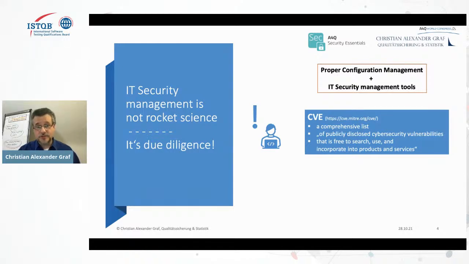So security management and doing these things is not rocket science. It's, sorry for the term, it's just fucking due diligence. So if you apply proper configuration management and proper IT security management tools that reference the CVE list, you have made sure that you at least have a minimal home security.